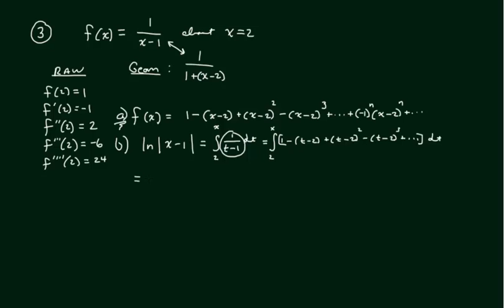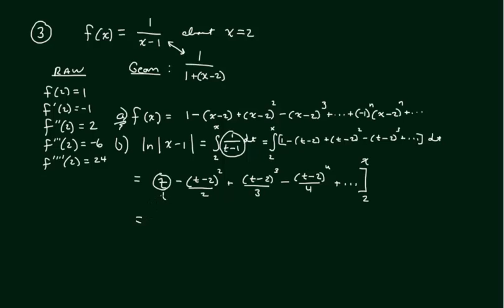Moving along, now we're going to integrate term by term. So the integral of 1 dt is t, minus, we treat this, t minus 2 squared over 2, plus t minus 2 to the power of 3 over 3, continuing along, t minus 2 to the power of 4 over 4 plus dot dot dot, and of course we're going to use the fundamental theorem going from 2 to x.